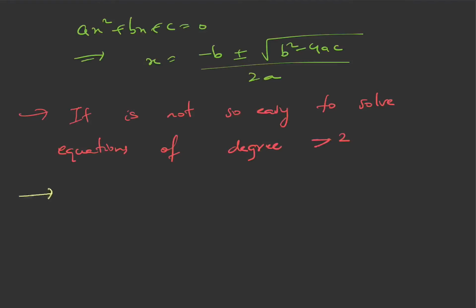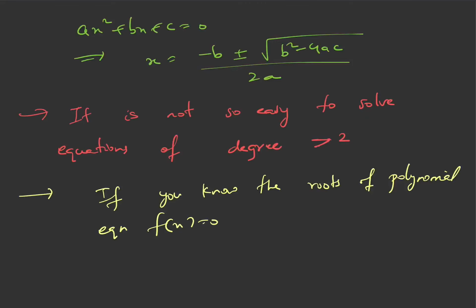So why I am saying that the roots of a polynomial equation are very important is that if you know the roots of the polynomial equation f of x is equal to 0, then you know everything about the polynomial.